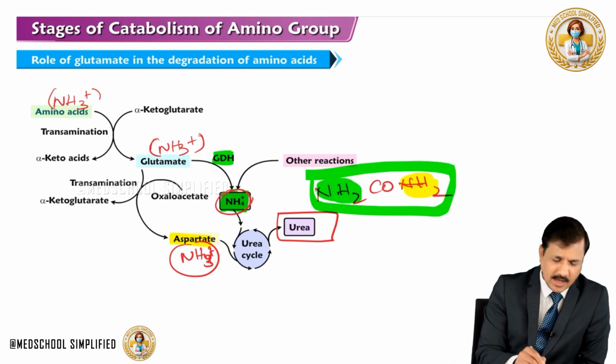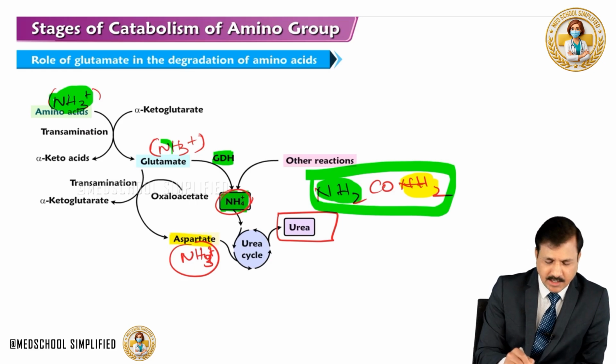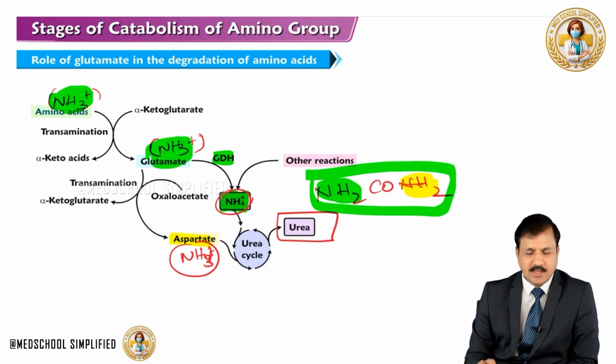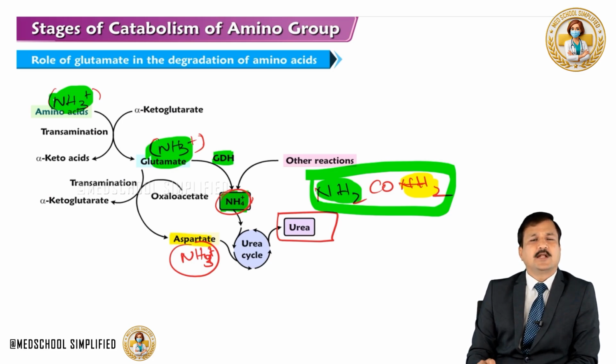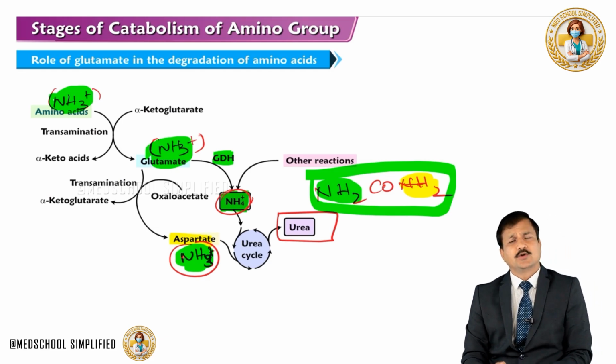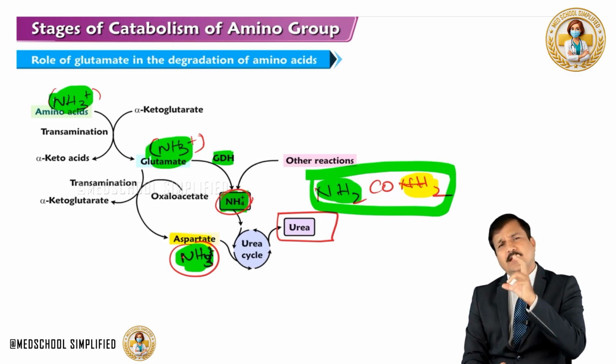That's how amino group nitrogen from all the amino acids will be transported to glutamate by the transamination reaction, and the glutamate ultimately transfers those amino groups either to release them as ammonium ion by the glutamate dehydrogenase reaction in the mitochondrial matrix, or to make aspartate.